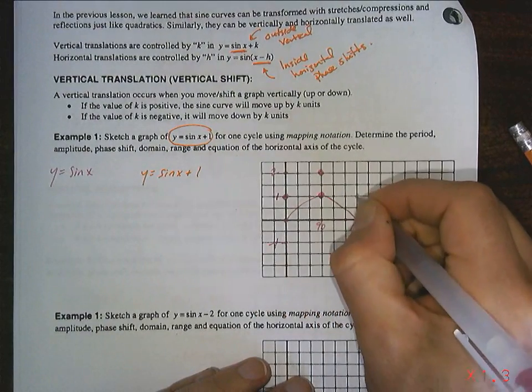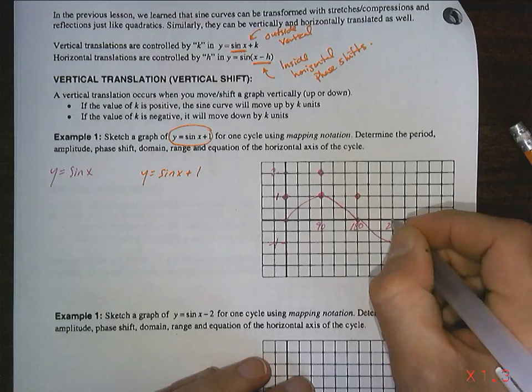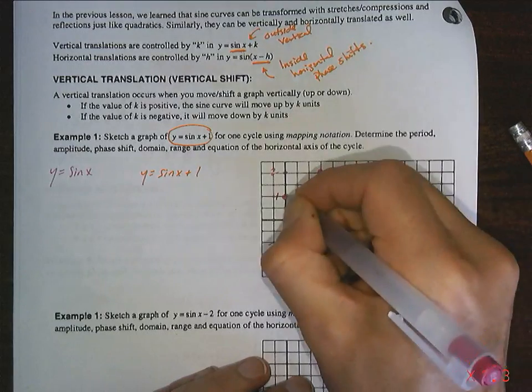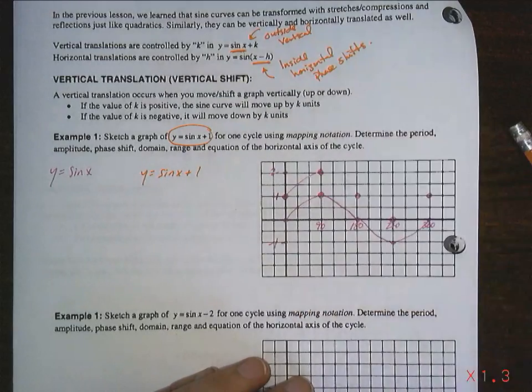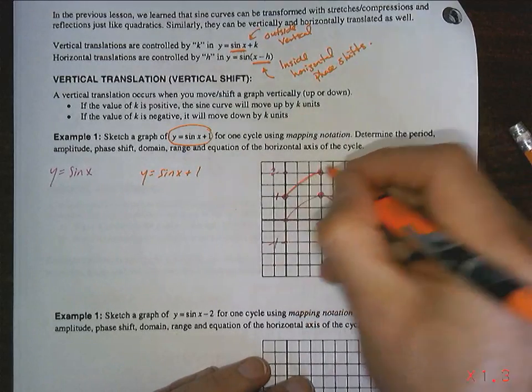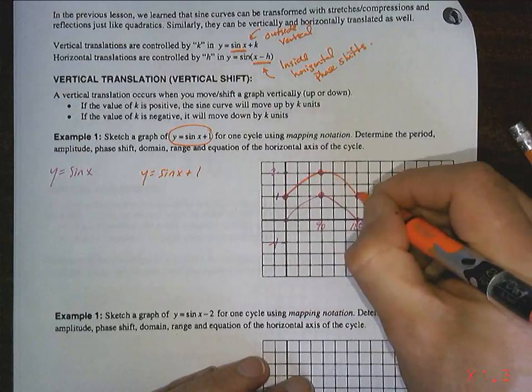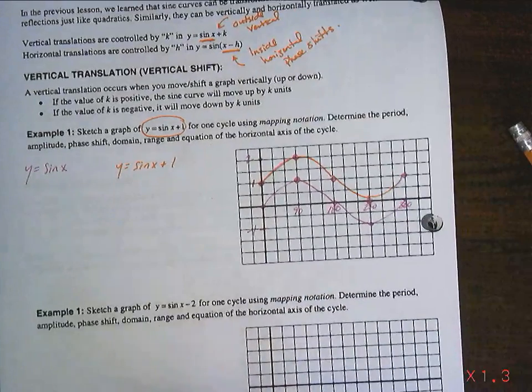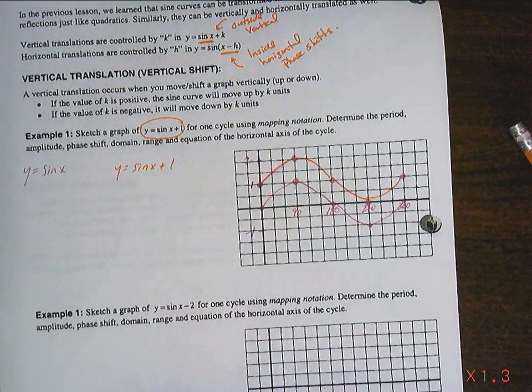This point's going to move up 1. This point's going to move up 1, and this point's going to move up 1, which gives me the new curve. The whole thing has moved up 1. Do you see that? Okay.